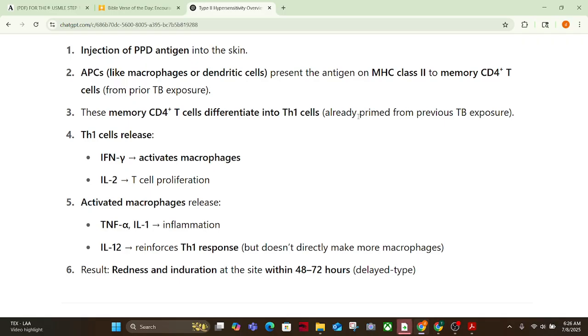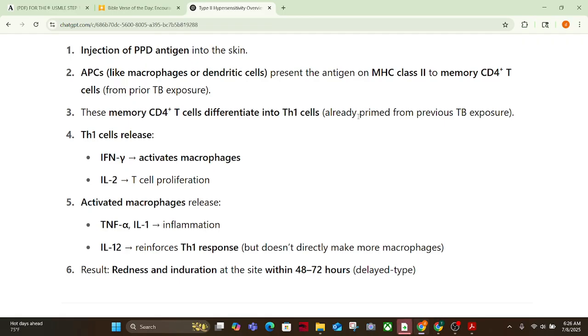And these memory CD4 T cells differentiate into Th1. The Th1 secretes interferon gamma to activate more macrophages. And these activated macrophages, in return as a thank you, secrete IL-12, which increases the Th1 response. And these macrophages on the side also secrete TNF-alpha and interleukin-1, which causes this inflammation and redness.